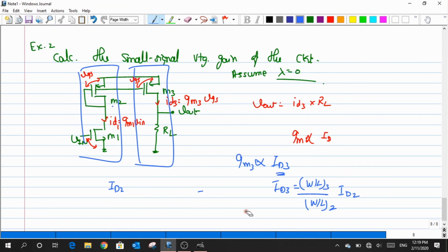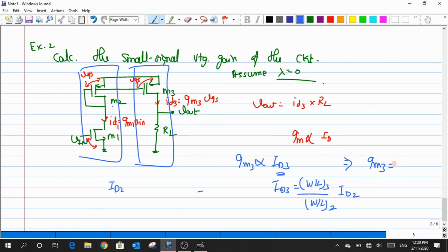With this taken into account, I can re-express this Gm3 in terms of Gm1 itself. How can I express Gm3 in terms of Gm1? The currents are different, and I have the ratios. Who defines this Gm3 is ID3. In place of ID3, I have to fix this factor, and ID2 will define my Gm1.